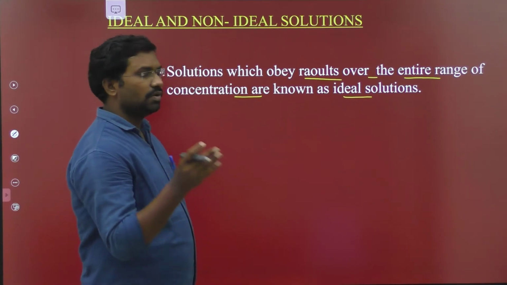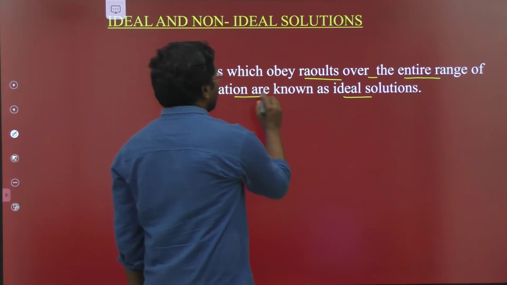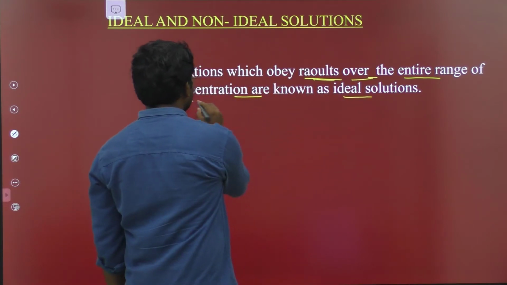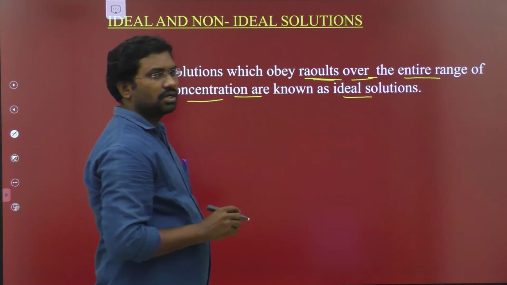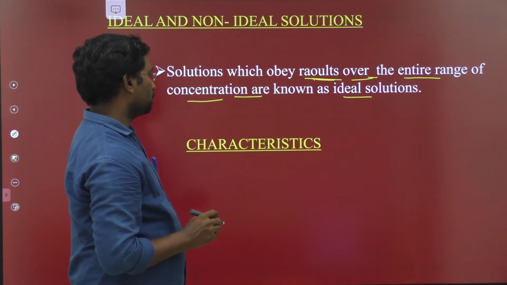Therefore, for a given solution to have ideal character, it must satisfy that it obeys Raoult's law over the entire range of concentration. That solution is said to be ideal.